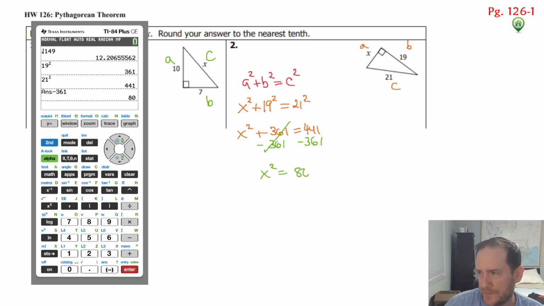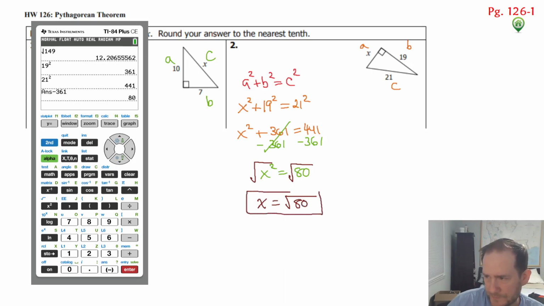So if x squared equals 80, then to solve for x, we'll do the same thing we did last time. We take the square root, meaning you just throw a radical on top of both sides. Now the square root of x squared gives us plain old x. And the square root of 80, again, I would just leave that alone. Just give your answer as a radical.